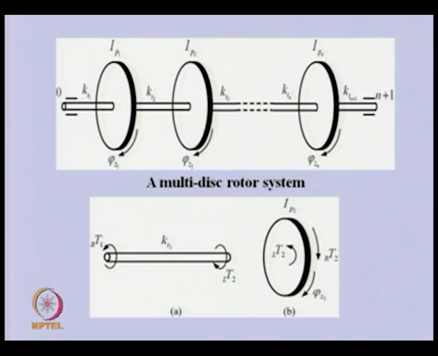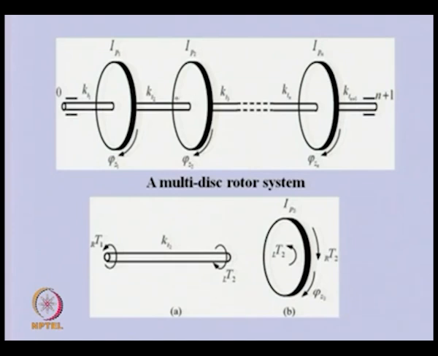So, let us see how we can use this method and how we can develop it. Here we have a rotor which has a large number of discs. You can see that discontinuity is there, so we can take any number of discs. Let us say n number of discs are there.